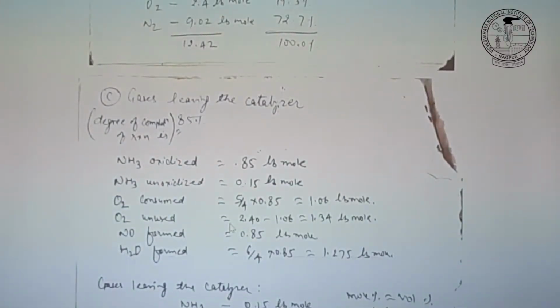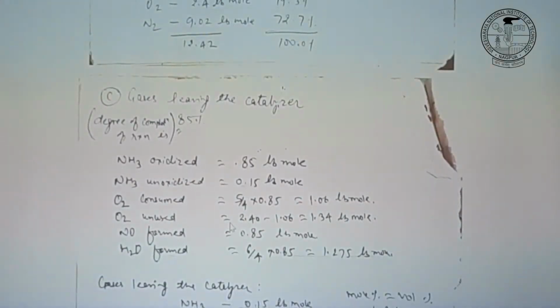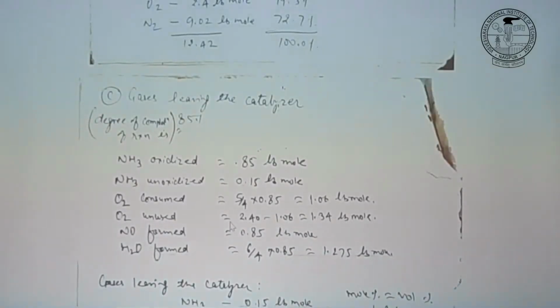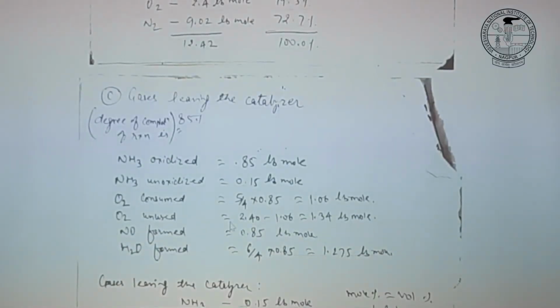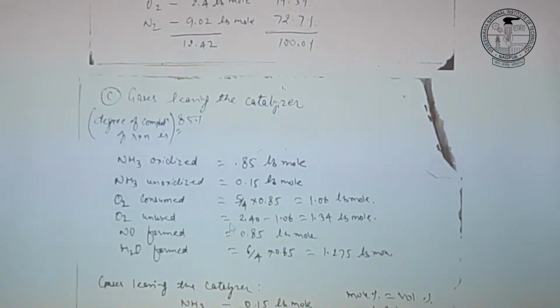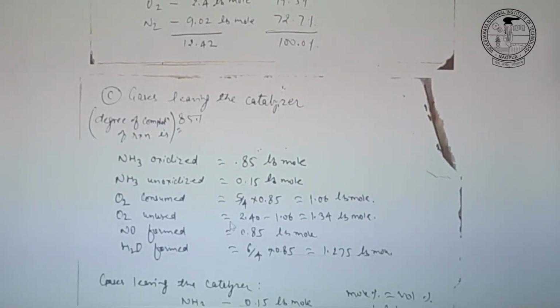Oxygen consumed will be 5/4 multiplied by 0.85, which gives 1.06 lb mole. So this much oxygen only got consumed in the catalyzer. 2.4 was supplied, 1.06 consumed, so O2 unused is 2.4 minus 1.06, which is 1.34 lb mole.